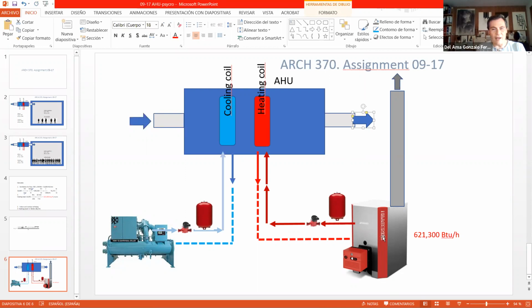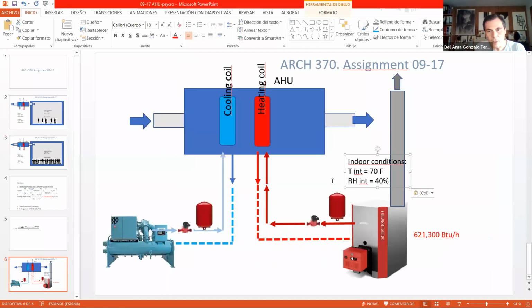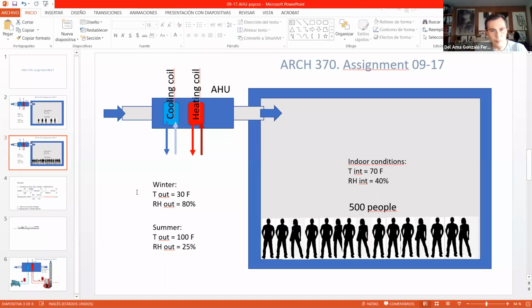We have the device that heats up water, and we have the device that cools down water. And if we want to give more data, we can always copy and paste the indoor conditions, and we can copy and paste the outdoor conditions.